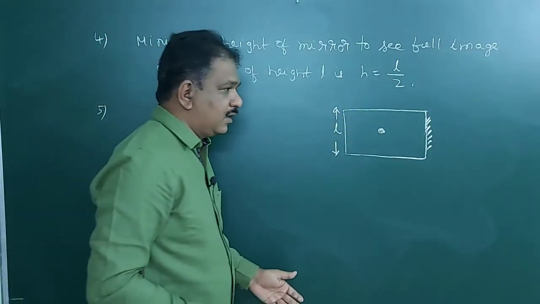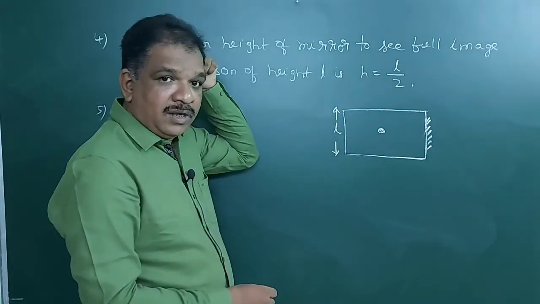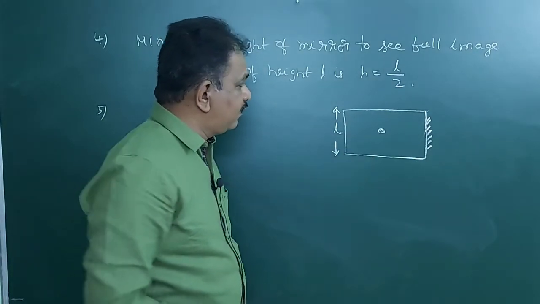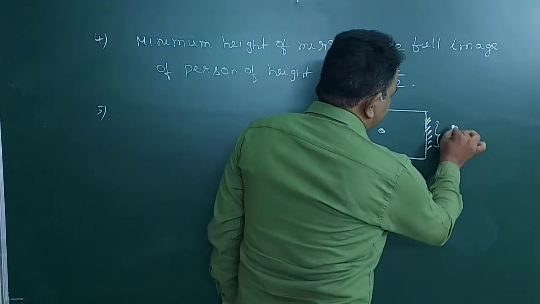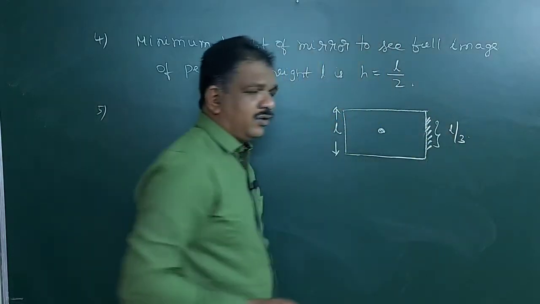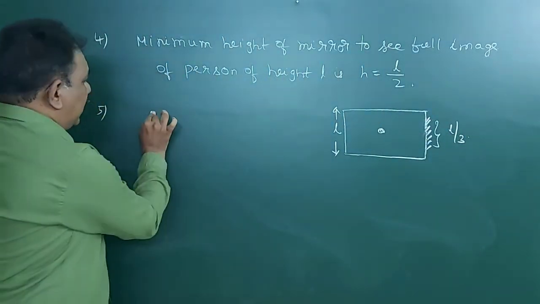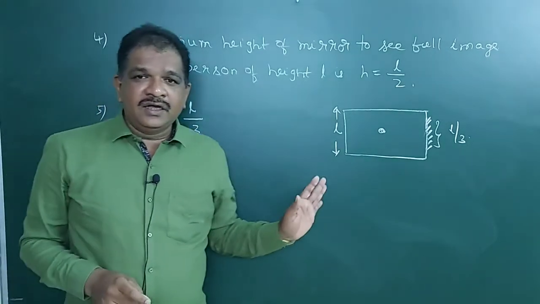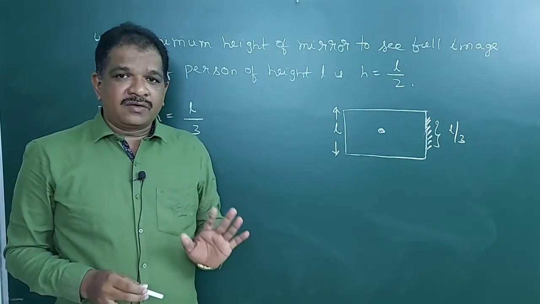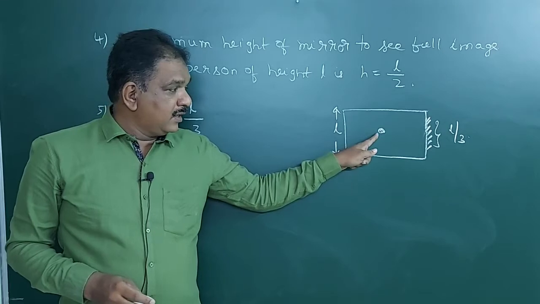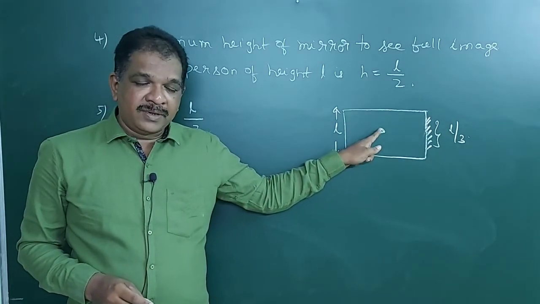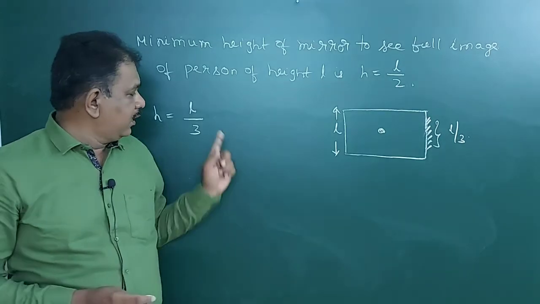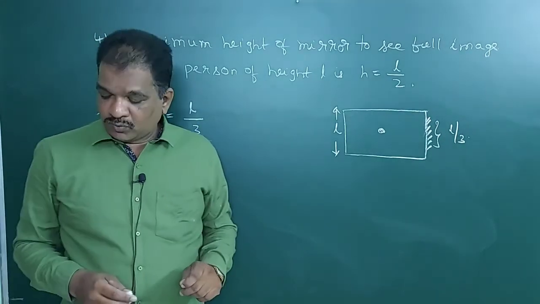I am looking like this. To see my back wall completely, the minimum height of the mirror will be equal to L by 3. So the height of the mirror required to see the full image of the back wall, when a person is at the center of a big room, will be L by 3. Okay.